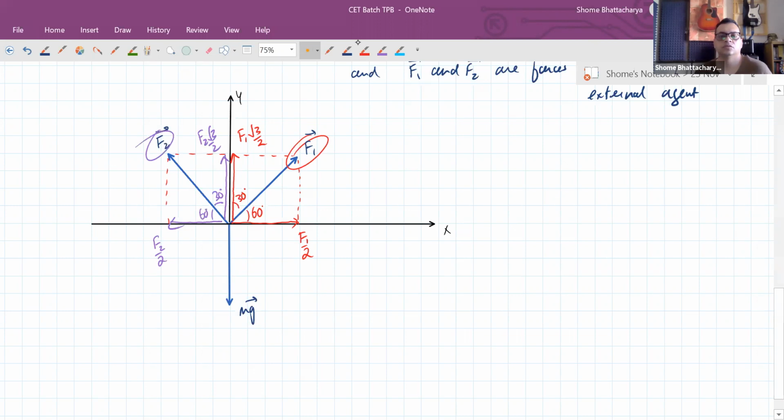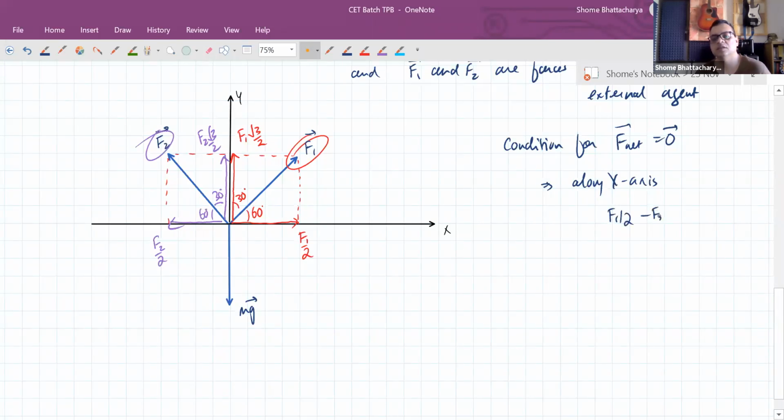Okay. So the condition for the net force to be 0 is that along x-axis F1 by 2 minus F2 by 2 should be 0. They should cancel each other.